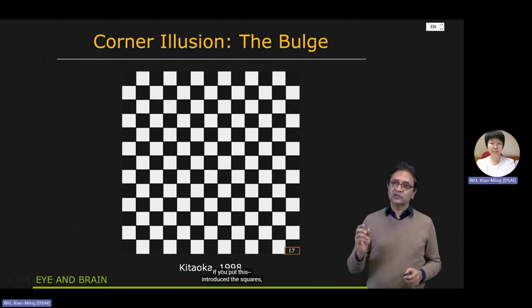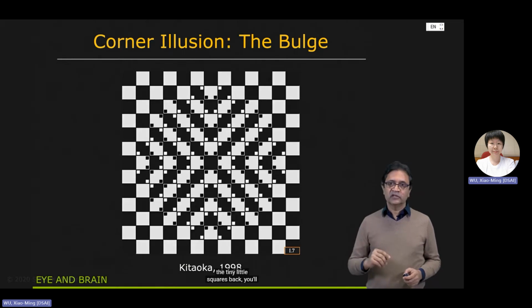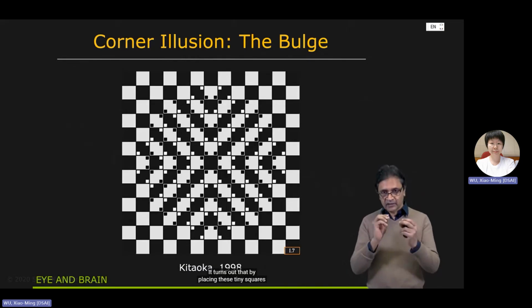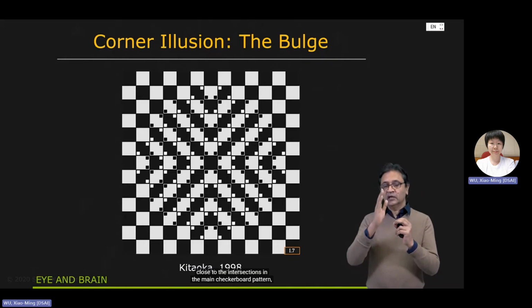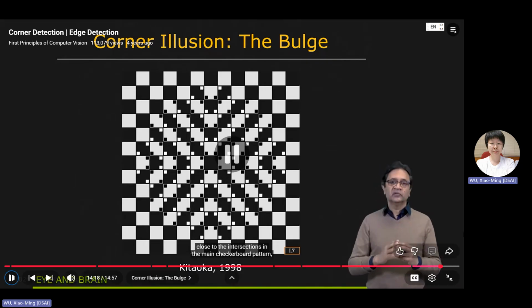If you introduce the tiny squares back, you see the bulge once again. So this is interesting. It turns out that by placing these tiny squares close to the intersections in the main checkerboard, they are placed purposely at the intersection.